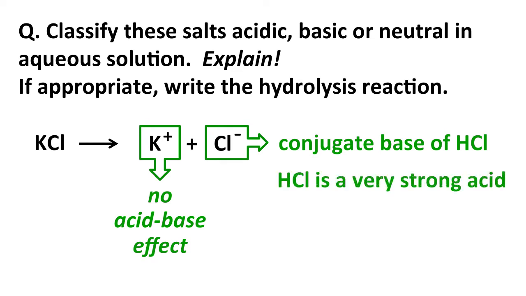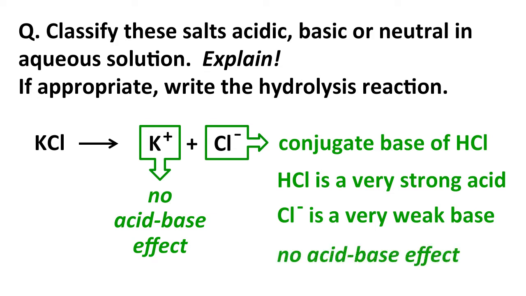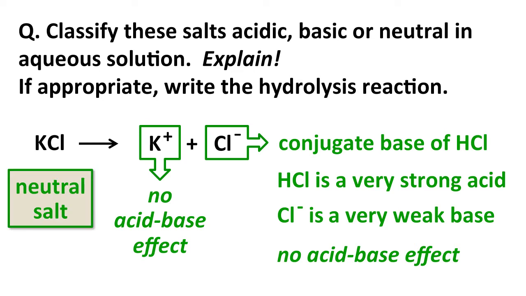And HCl is a very strong acid, so strong it fully dissociates. Therefore, Cl minus is such a weak base that it has essentially no basic effect. And so we have no acid-base effect from the K+, no acid-base effect from the Cl minus, and so this is a neutral salt and no hydrolysis equation.